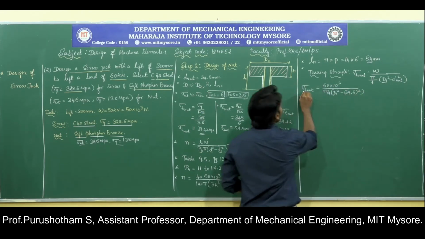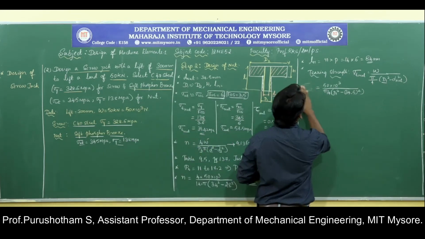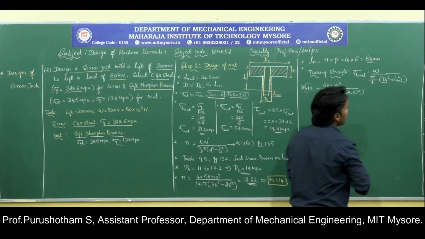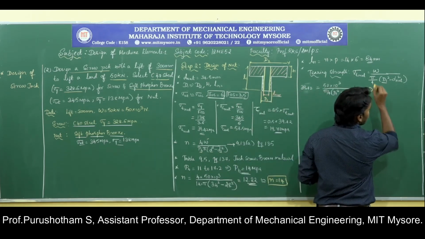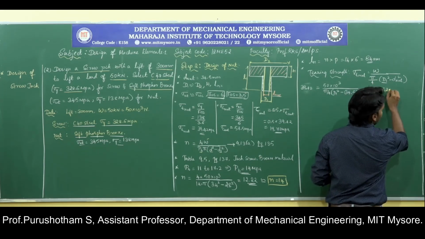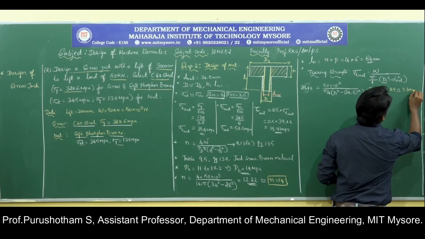Sigma T of nut is known, 39.42. If you simplify this, you will get d1 value, which is equal to 52.29 approximately, which is 53 millimeter.